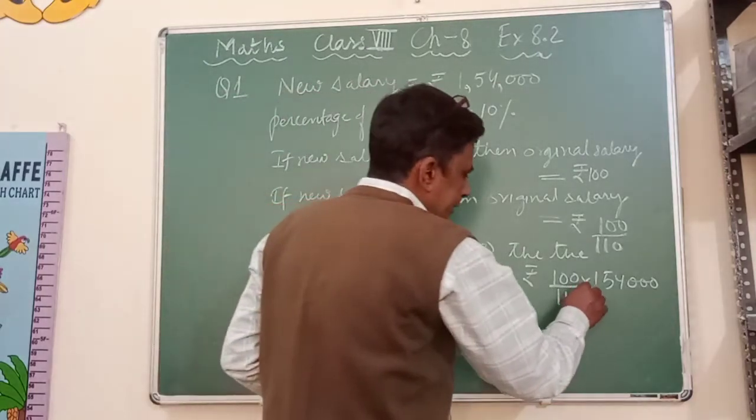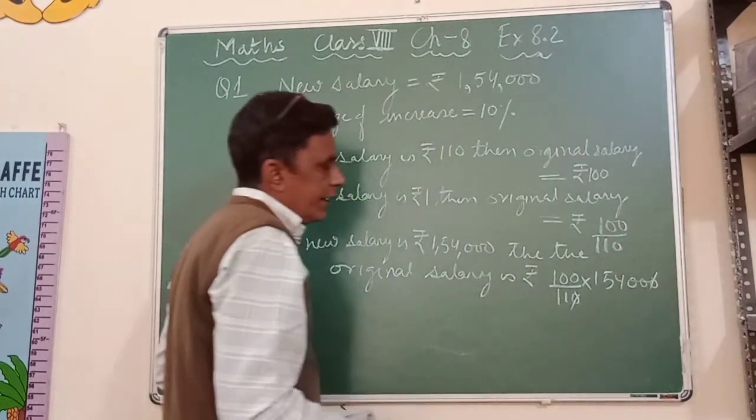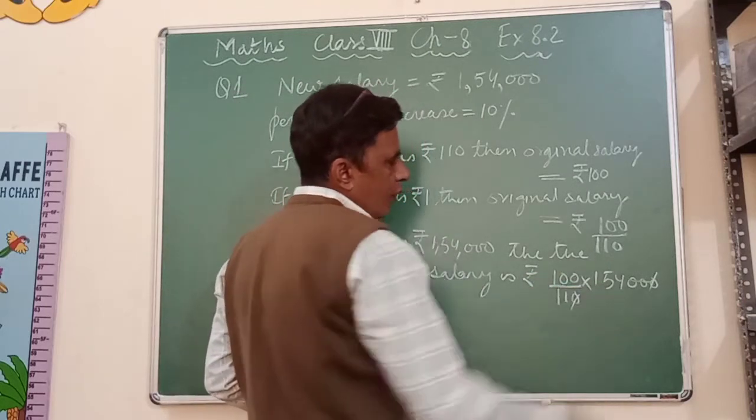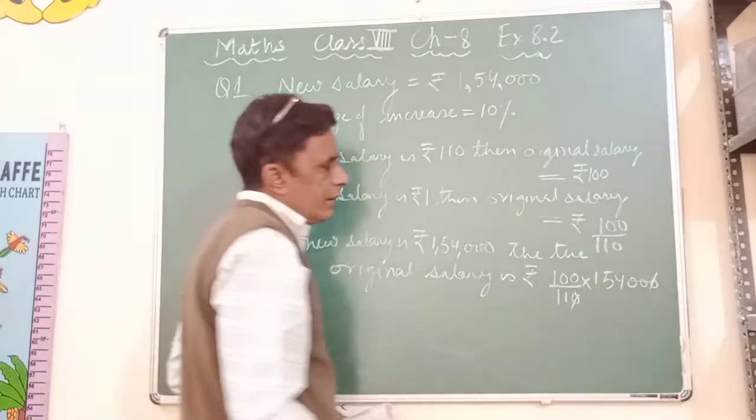We can cancel a 0, then we can divide these two numbers by 11. This 154 is a multiple of 11.